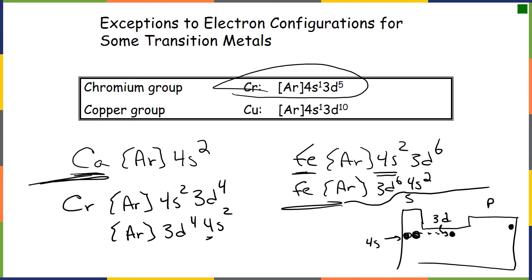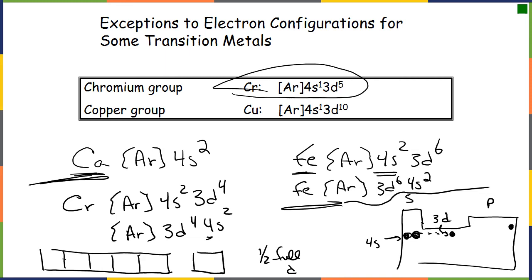Question is why? And the answer is because a half full d orbital is a little stable. So what happens here? Well, if we look at our d orbitals and we have our 4s2, so if this is the 4s, it's got 2 electrons in it, and we have the d4, we're going to go 1, 2, 3, 4.